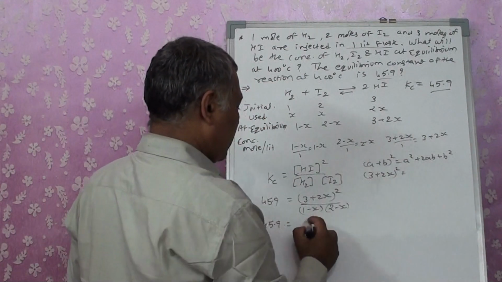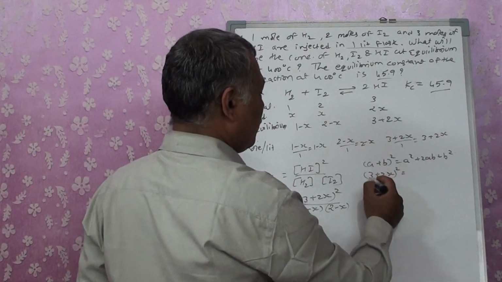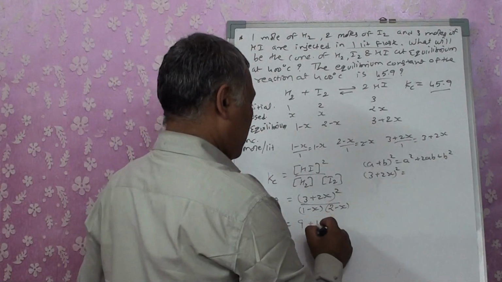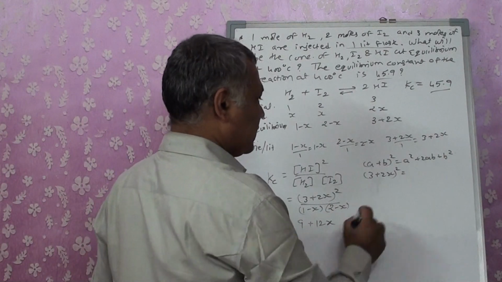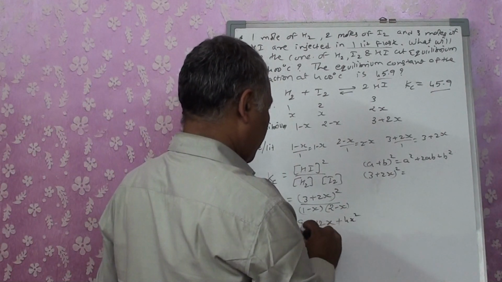So we will be getting 9 plus 2 into 2 is 4, 4 threes are 12, 12x plus 4x square.